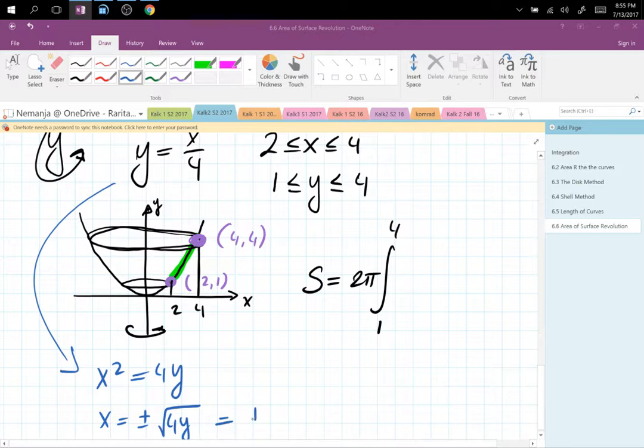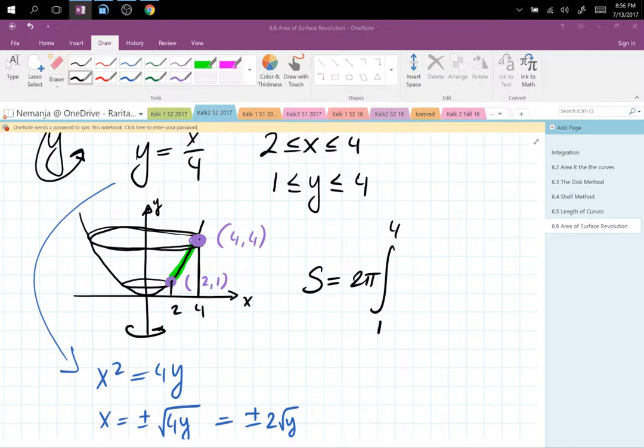Now that is plus minus 2 root y, if that's going to make you happy. There is a plus portion of the graph and the minus portion of the graph, okay? We only need the plus portion. You see the picture, right? Both of those exist, but I am going to use the positive one because that is the one that I am rotating.